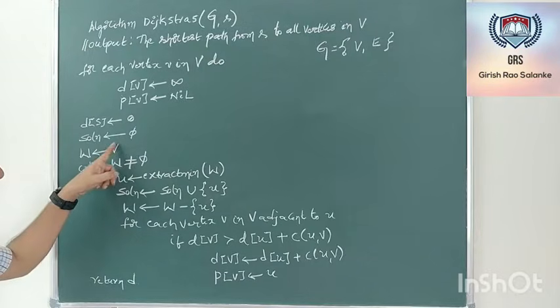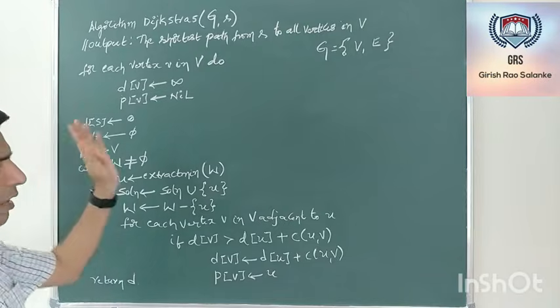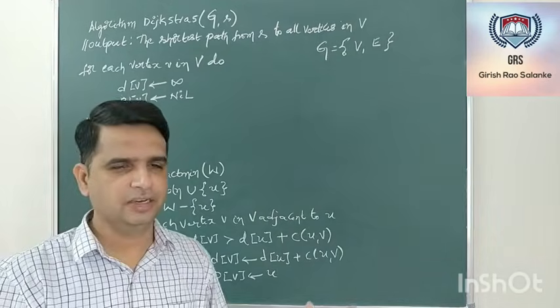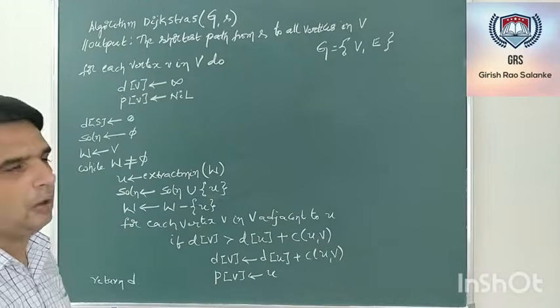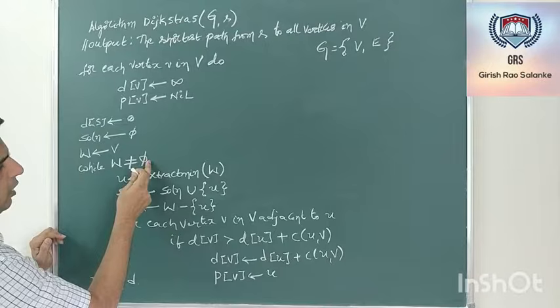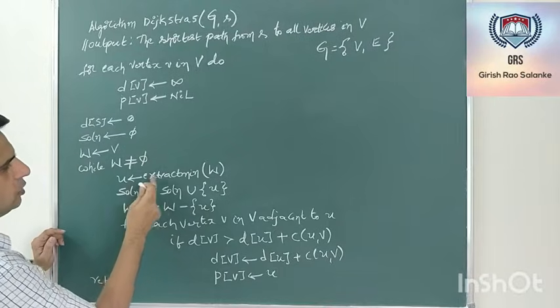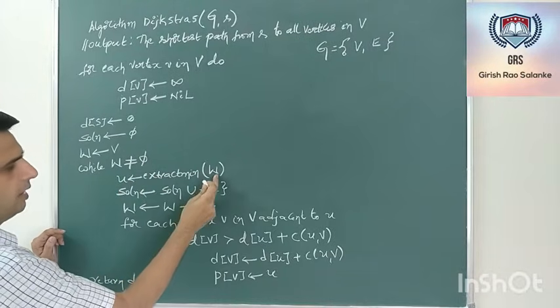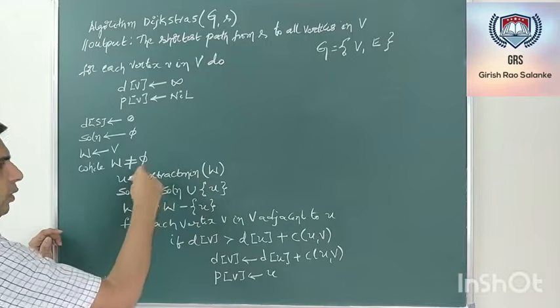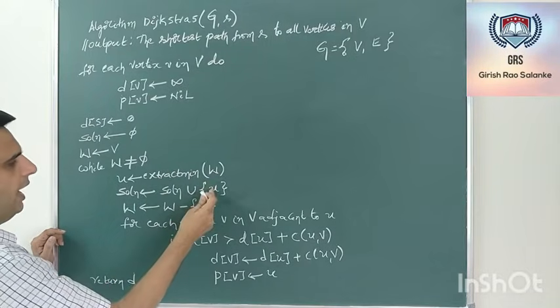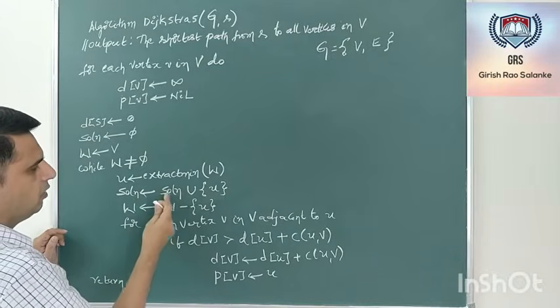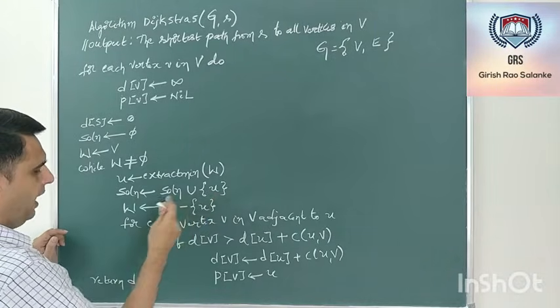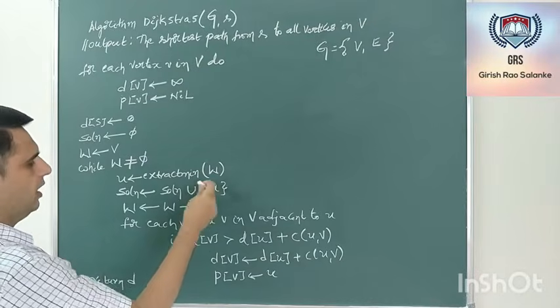All the vertices are copied to W. Now, as in the example we traced, until W becomes empty we need to perform the operation. So while W is not equal to null, in each iteration we perform this extract min operation from W, and after extracting a node from W, we add that node to the solution. So the solution is equal to solution union U, and we delete that particular node from W.